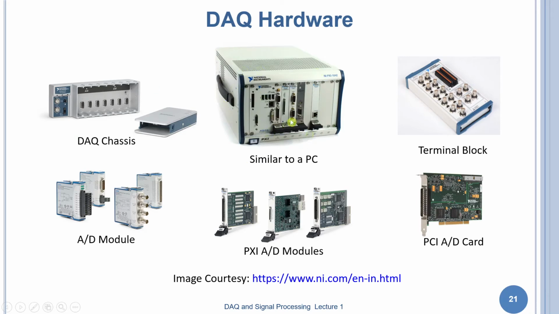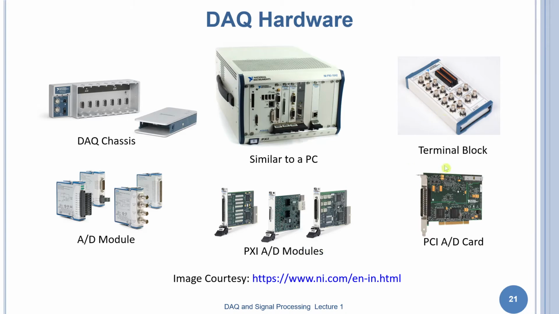Here all you need is a monitor connected to this DAC, and you can start using it as your dedicated standalone data acquisition system. Here, instead of modules, it will use PXI ADC cards.